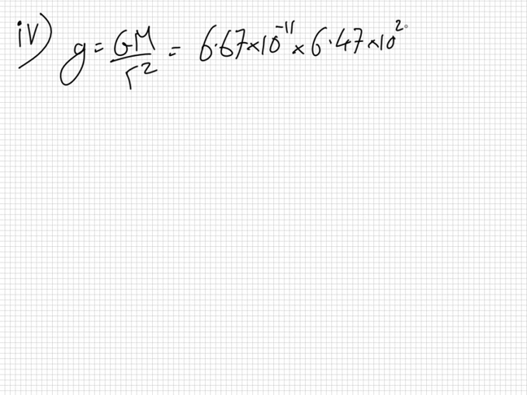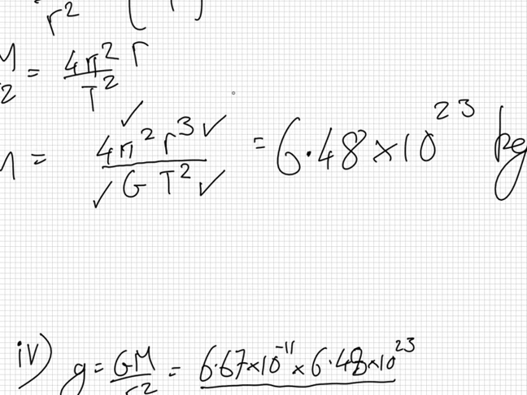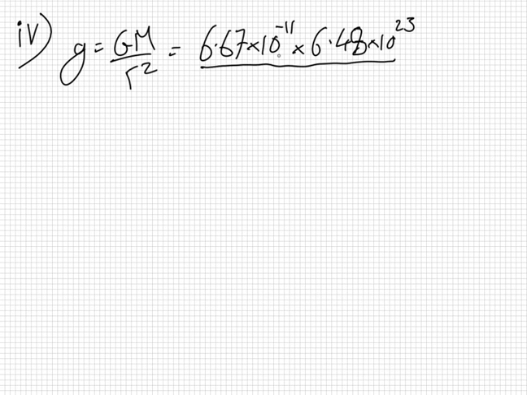And then the radius is 4.8, and the radius is 3396000 squared. So what do we get here? 3.75.